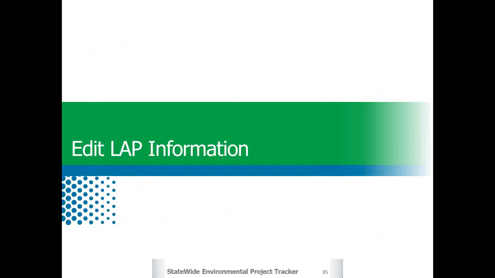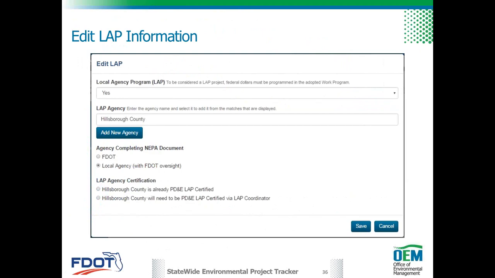I mentioned earlier editing LAP information. You'll be able to do this from your project page, where you can say whether the project is a Local Agency Program project or not, and who the LAP agency is. If the LAP agency is not listed, we're going to have the current list, but if for some reason we don't have that LAP agency, you'll be able to add the agency.